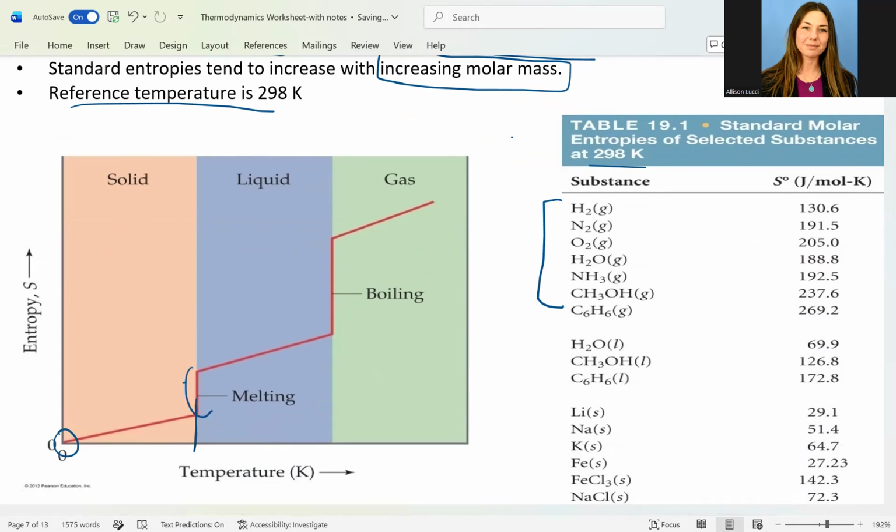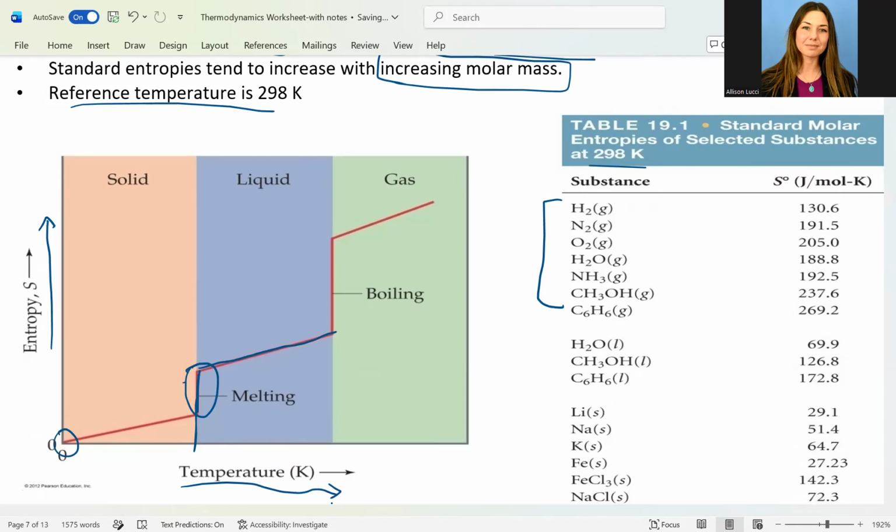Then we can see that isothermal process indicated, where we don't have an increase in temperature, because this is our temperature shown on the x-axis. Then when we're in the liquid phase, we can raise the temperature of this substance, and all the while that entropy is increasing, which correlates with an increase in temperature.